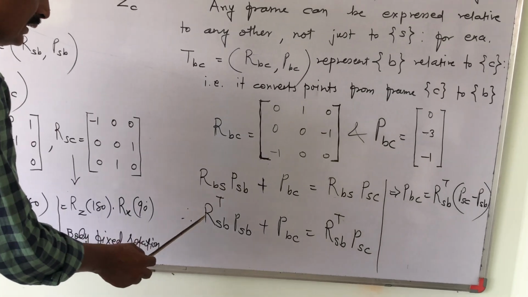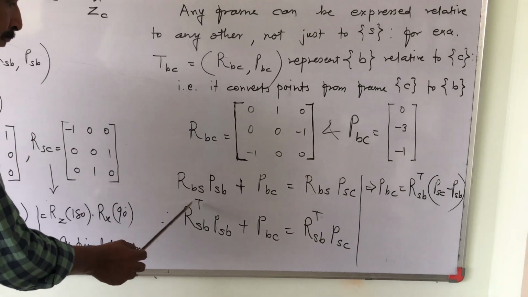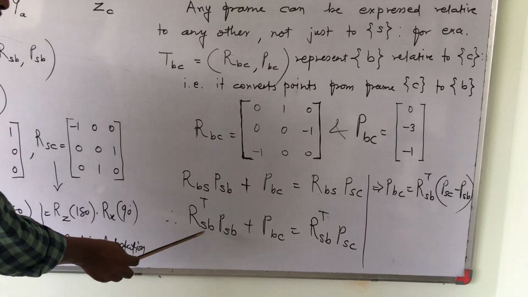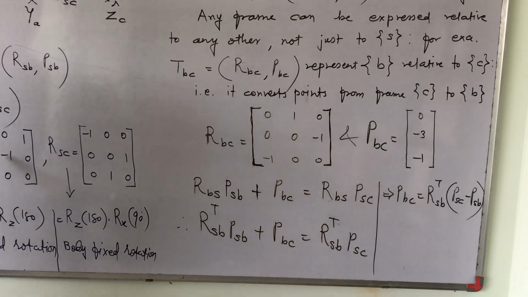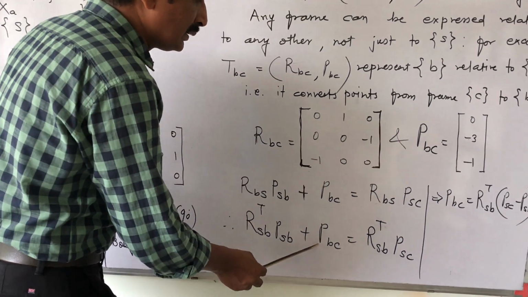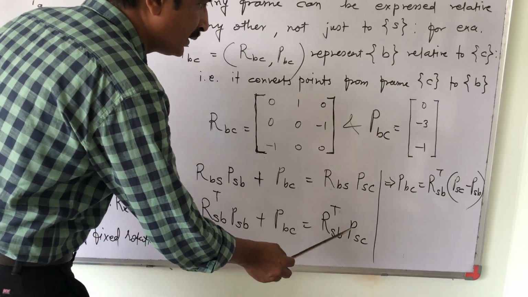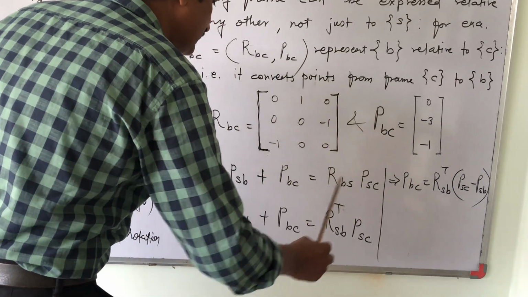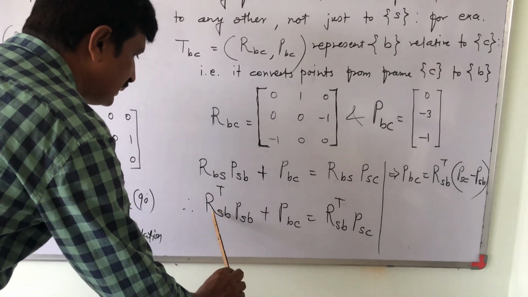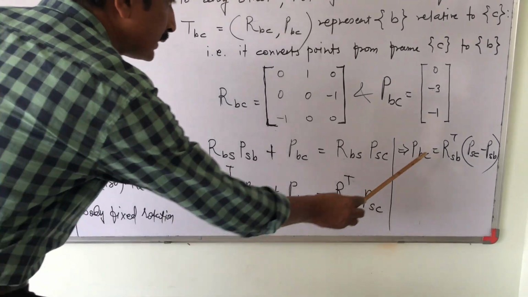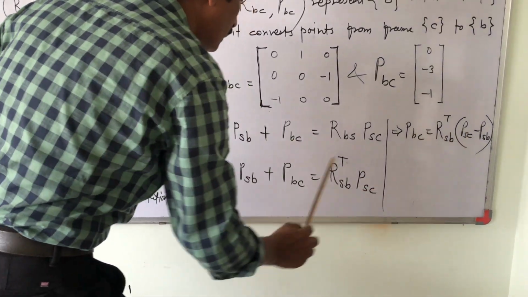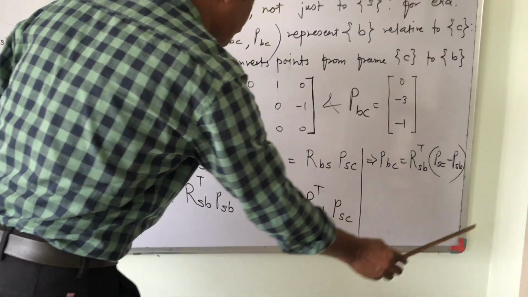But R_BS is R_SB transpose, because R_BS is not directly given. So R_SB transpose, R_SB given, times P_SB plus P_BC equals R_SB transpose into P_SC, which implies, transposing, P_BC equals R_SB transpose into P_SC minus P_SB.